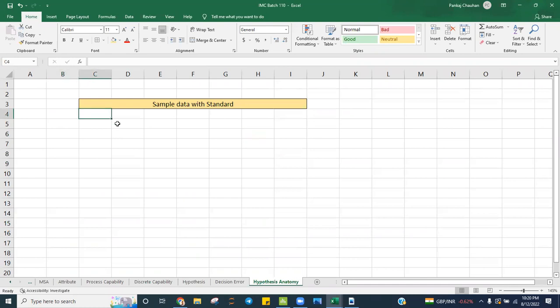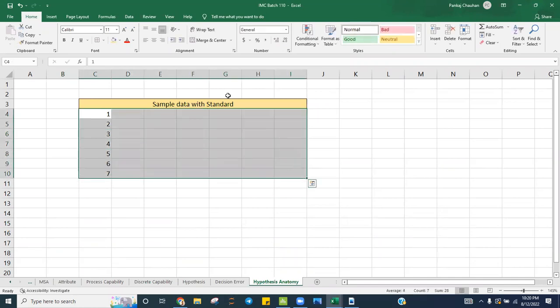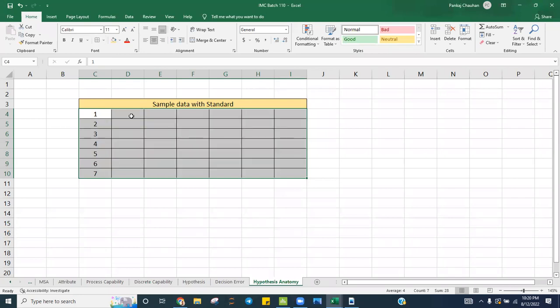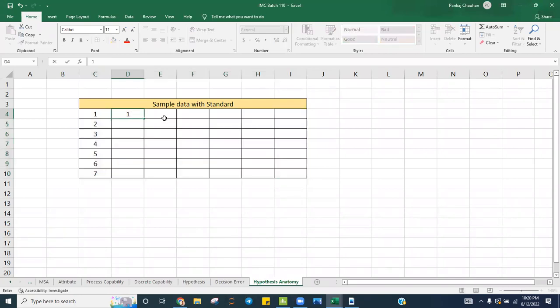So there are a couple of tests which you perform. First, I will be writing the test name, then I will be writing why we perform it. The test name here is one sample t test.